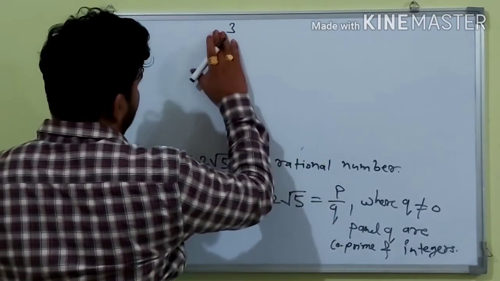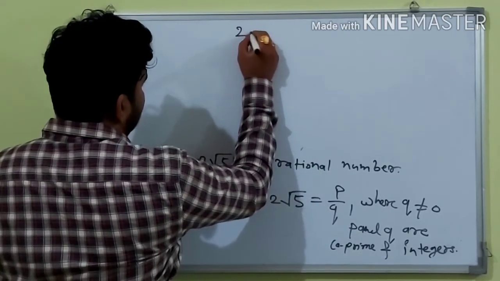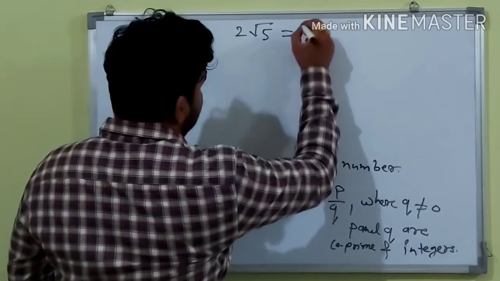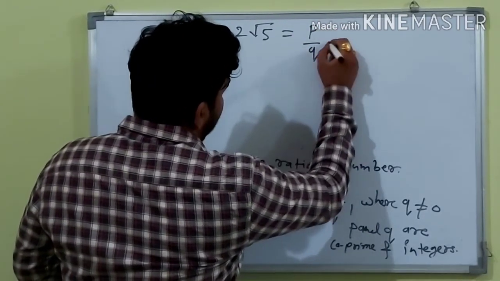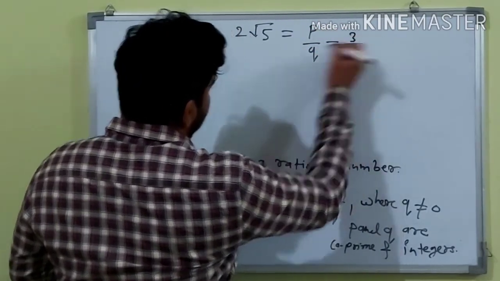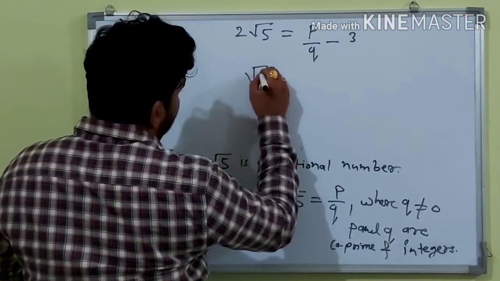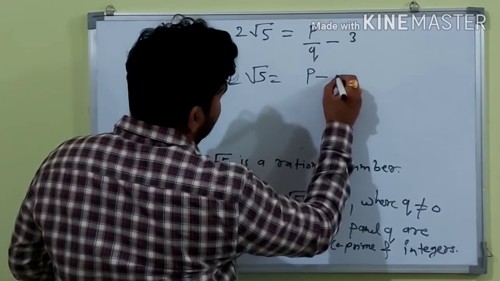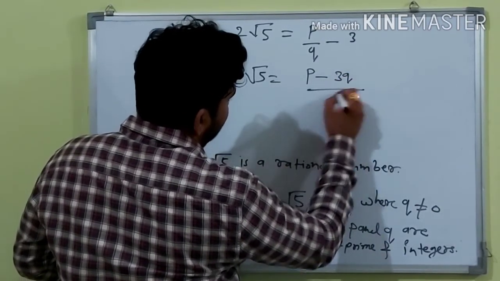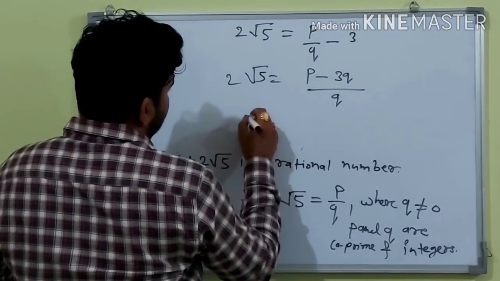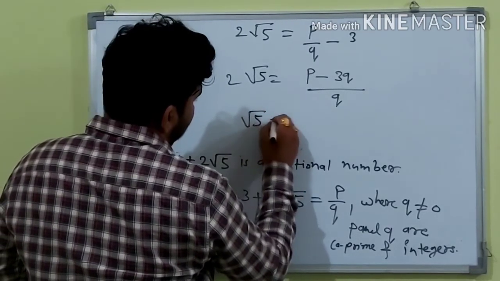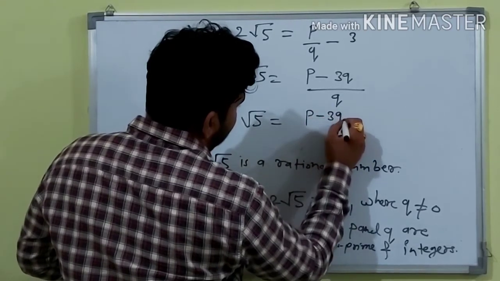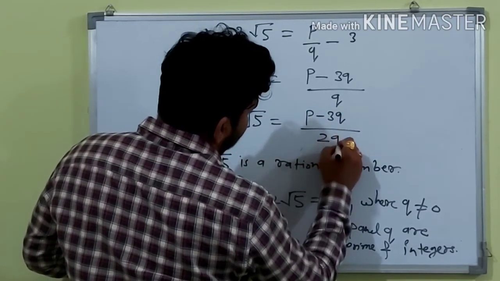We can directly write 2 under root 5 is equals to P by Q minus 3. The 3 goes on this side, and it becomes subtraction of 3, and then under root 5 is P minus 3Q divided by Q, and finally under root 5 is equals to P minus 3Q divided by 2Q.